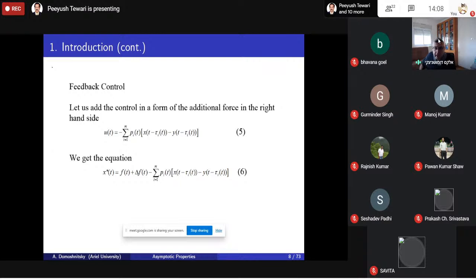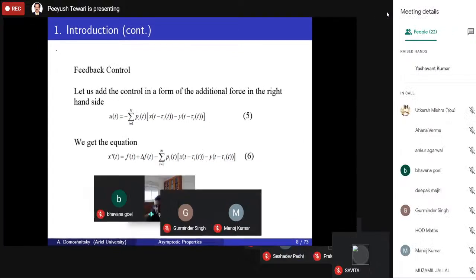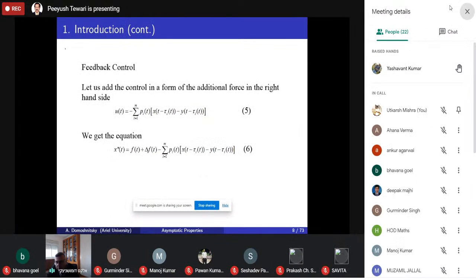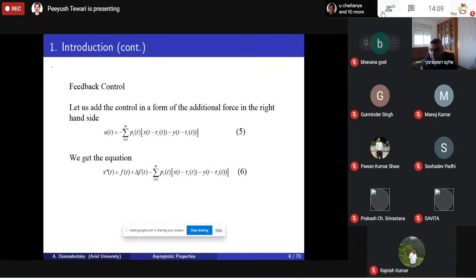And we approach the trajectory y of t, and we get this control (5) into our equation, into the right hand side, and we obtain inequality, equation 6. In this equation we have f and delta f.